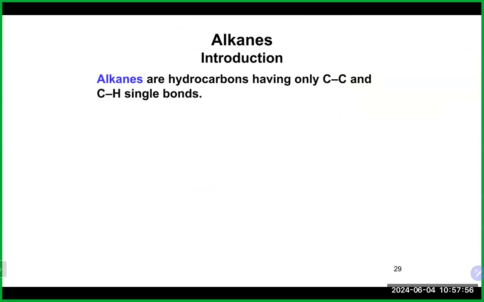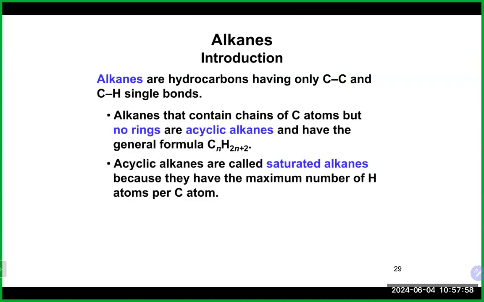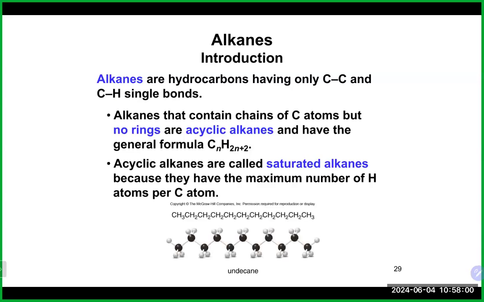So let's talk a little bit about alkanes. Alkanes, as I mentioned before, are the simplest organic molecules you can have. In order for it to be an alkane, it has to have only single bonds between carbons. Everything pretty much falls back to the alkanes in terms of naming and other things, so they're really important.